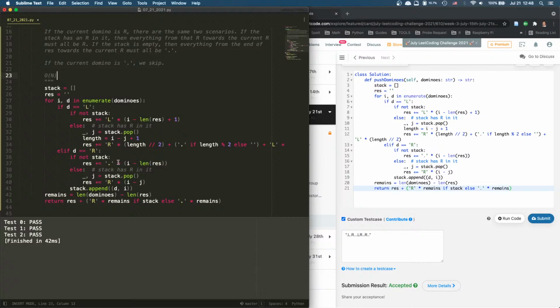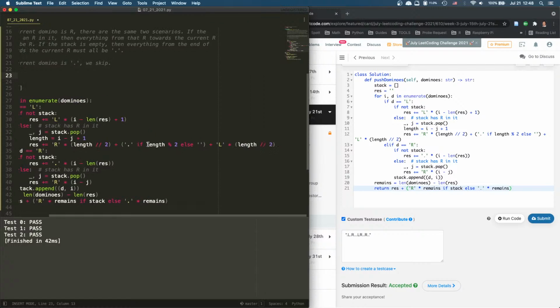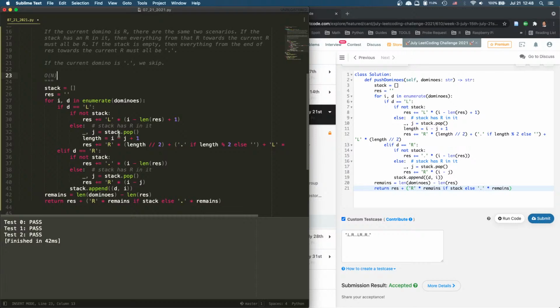So a slight change. Now we have the length. We pop it, we compute the length, we do this, right? And then here, if not stack, one is L, the other is dot, which is fine, but the length is slightly different because this one we need to append.